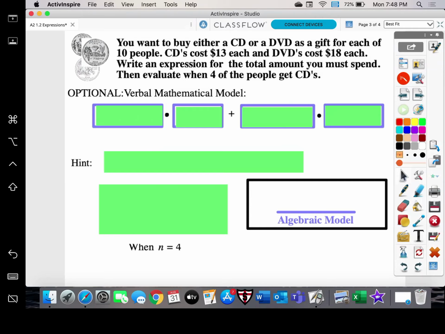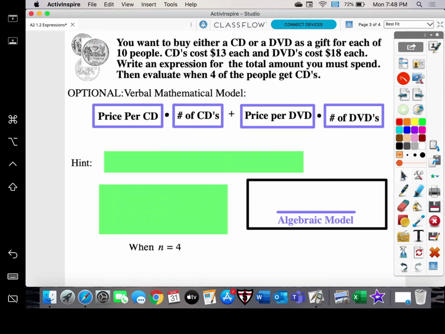So if I'm going to buy some CDs and DVDs, I would have to take the price per CD and multiply it by the number of CDs, right? And then I would have to add that to the price for DVDs times the number of DVDs. So that's kind of what I'm thinking about as I'm building this mathematical model or the expression I'm looking for.